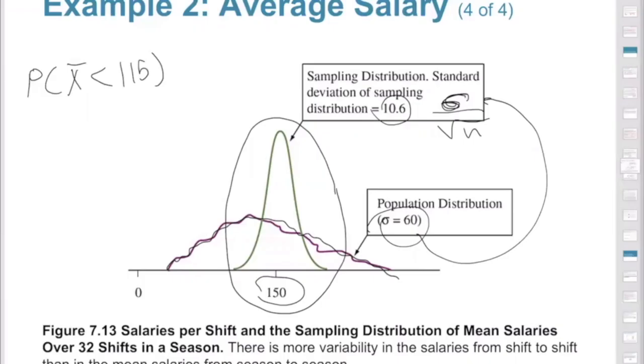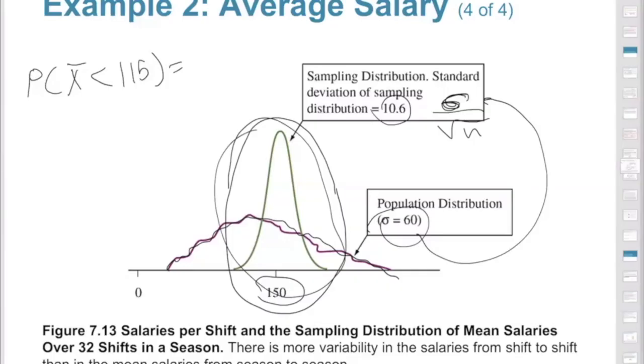Maybe in another season, Peter wants to predict the probability of the average salary being less than 115. So he can apply Z, because it's normally distributed. So you can change X bar to Z.